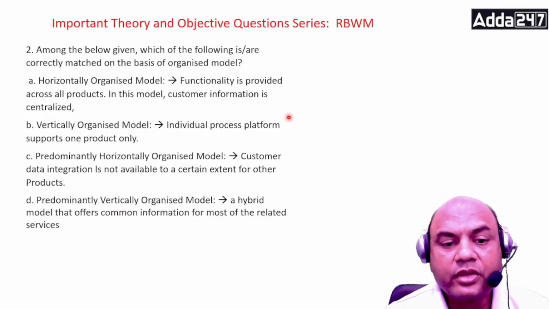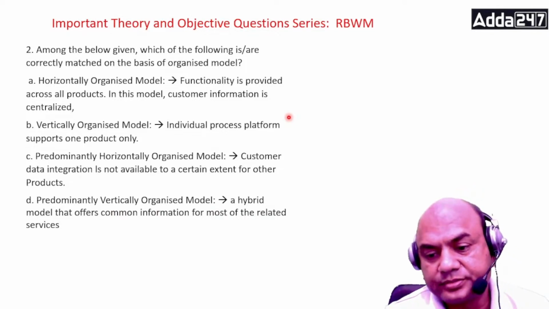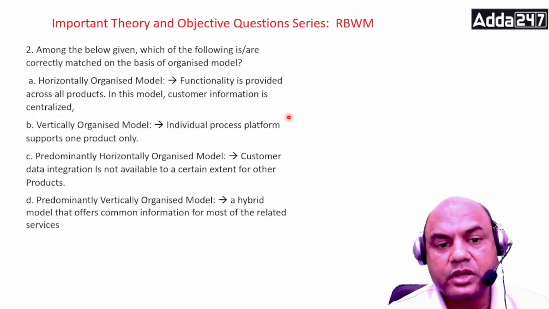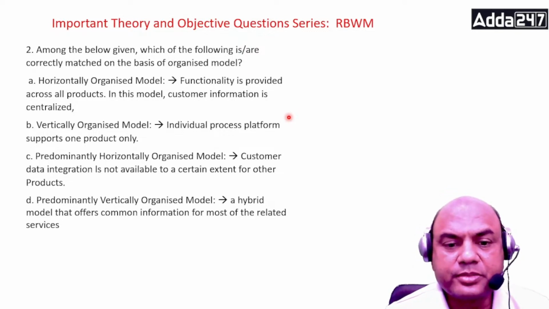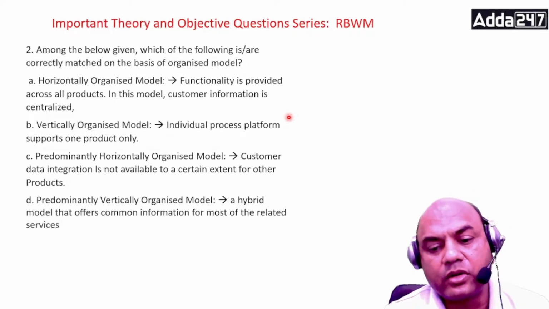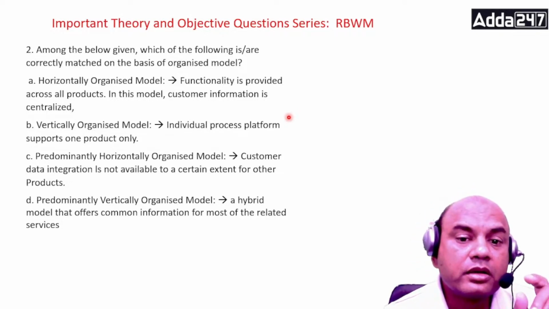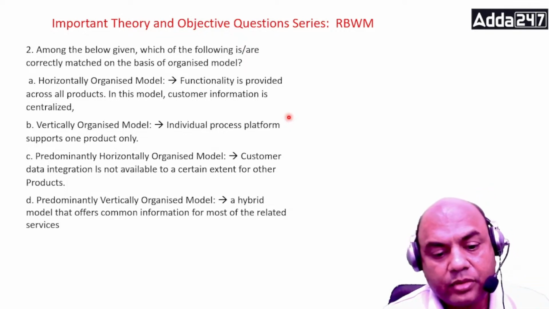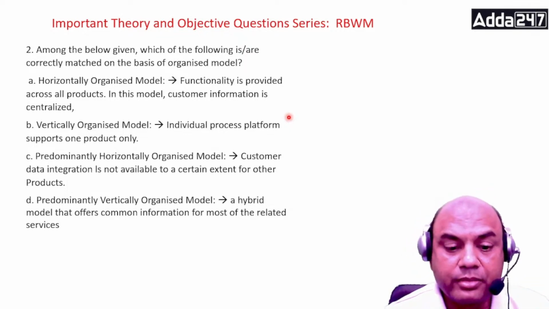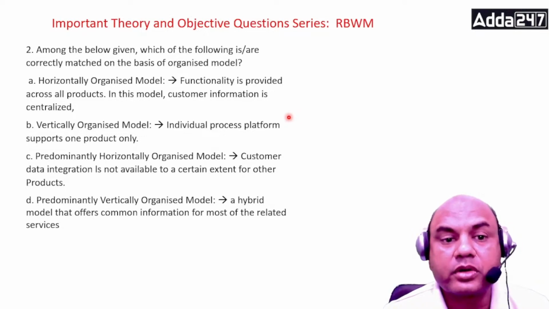So, for that, first, I'll show you what is horizontally organized. Horizontally organized means basically here we are talking of the model which is related to product only. Mainly remember this.